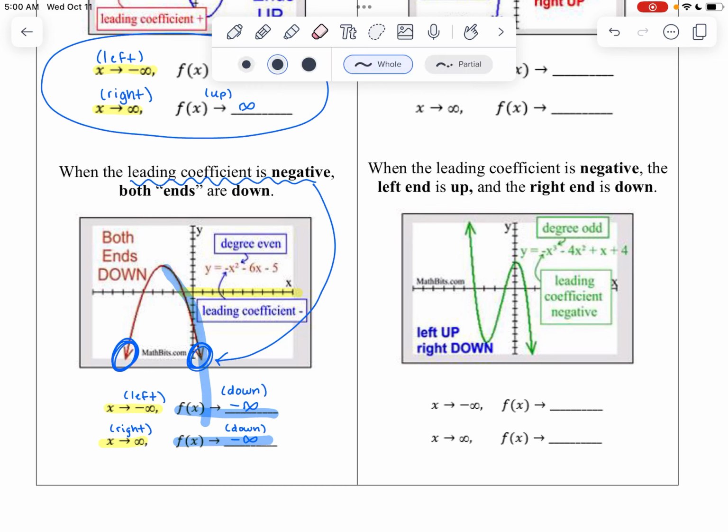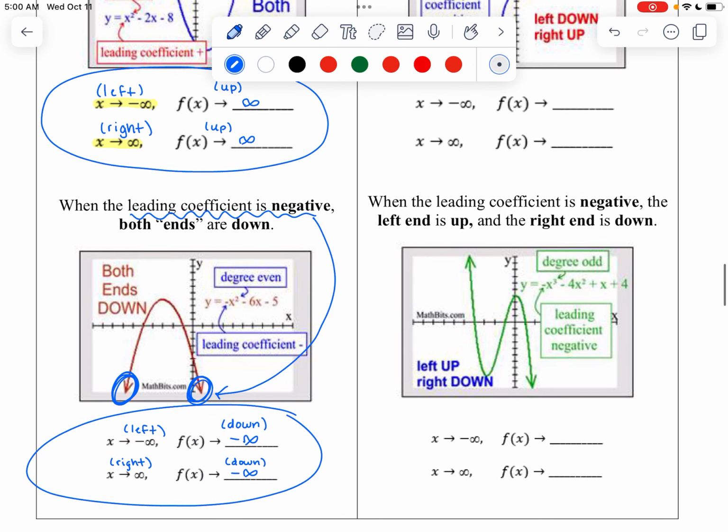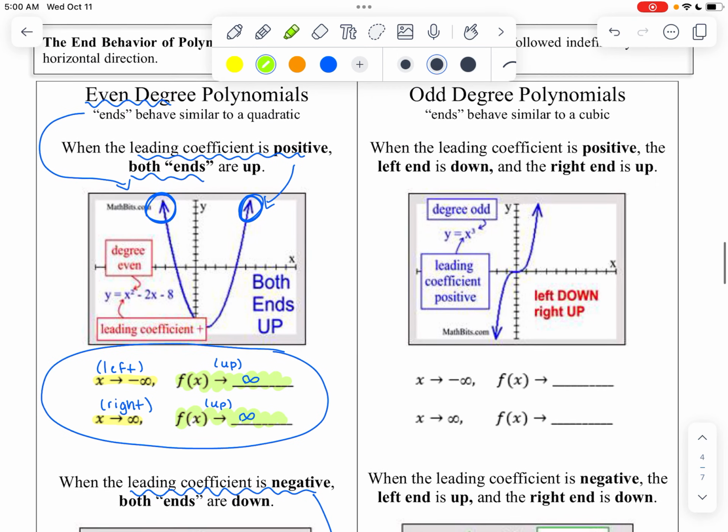We should also notice here that for both of these notations with our end behavior, both of our y's, our f of x's, are going in the same direction. When we had a positive leading coefficient, f of x went to positive infinity because we have an even degree polynomial.